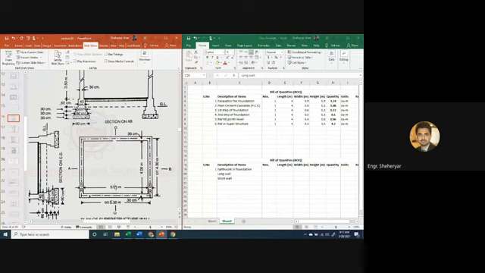So 5 meters plus half width of the wall for this side plus half width of the wall for this side, so it will be 5.3 meters, and this will become 4.3 meters. Is it okay? Yes, sir. Okay. So 5.3 meters and 4.3 meters is the center to center distance.